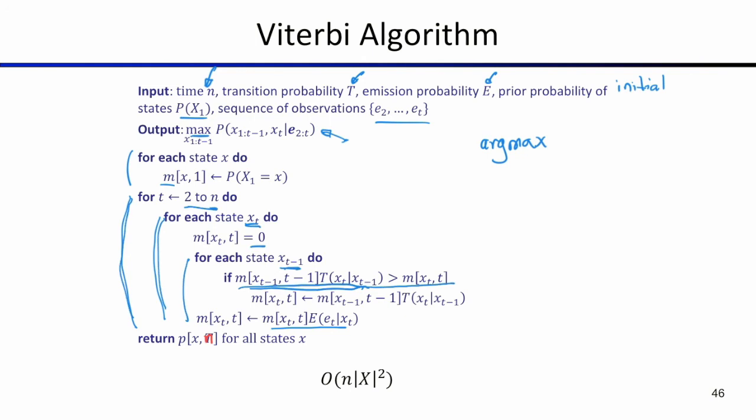So it's going to be n times the number of states times the number of states, that is, n times the number of states squared. So this is the Viterbi algorithm, but there is still one piece missing, that is how we compute the argmax. But that's going to be relatively simple, given that we have this table M here that we can use in our computation.